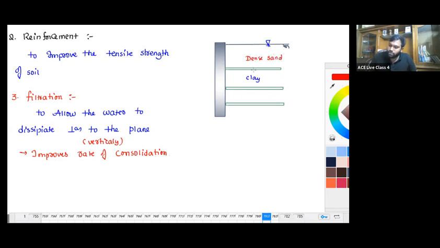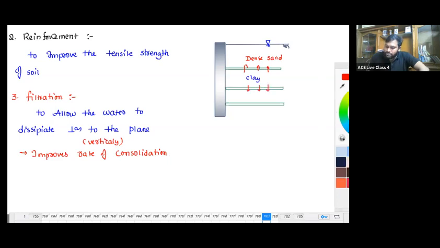Due to this load, the clay starts to undergo consolidation, and if I fill the soil mass over here, the water can filter in the above and below direction. So this is nothing but the cross plane. Cross plane means perpendicular to the plane. Whatever this is, it is a geosynthetic.